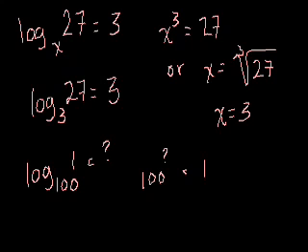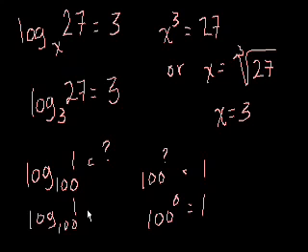If you remember from the exponent modules, anything to the 0th power is equal to 1. So we could say 100 to the 0 power equals 1, right? So we could say log base 100 of 1 is equal to 0, because 100 to the 0th power is equal to 1.